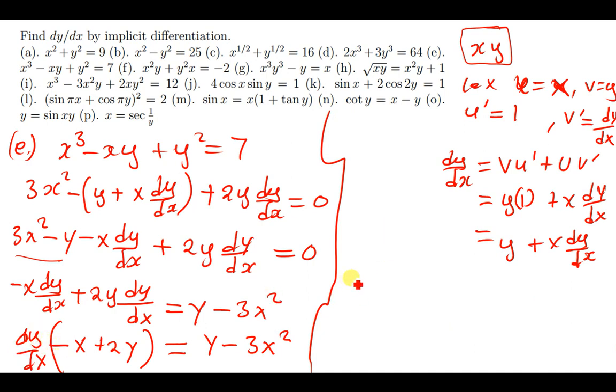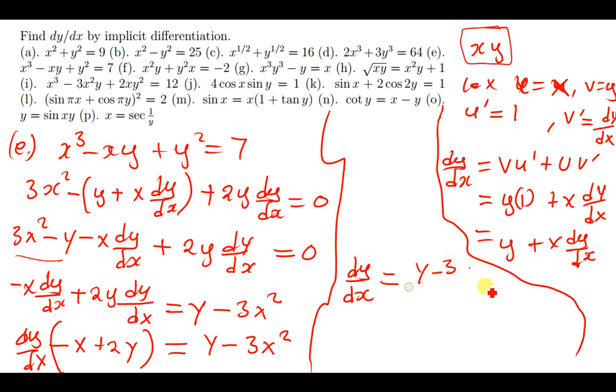So our dy/dx will now be equal to y minus 3x squared, everything divided by negative x plus 2y. So this is how you differentiate such a function using implicit differentiation. It's not something that is very difficult to do.